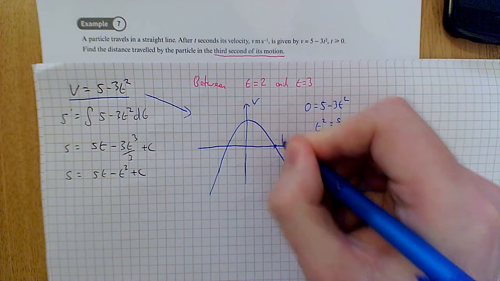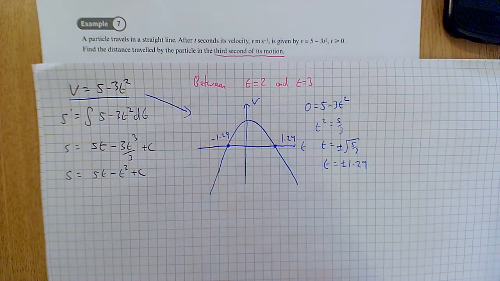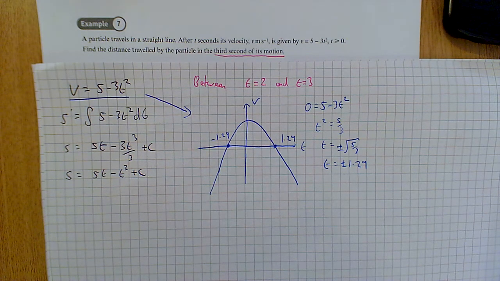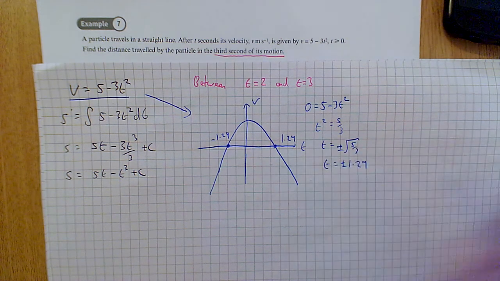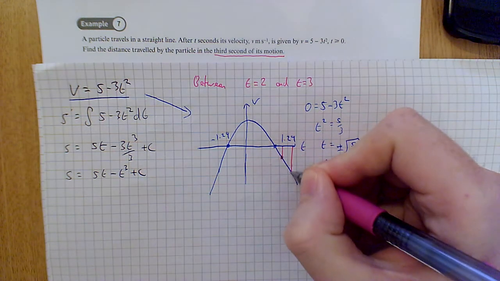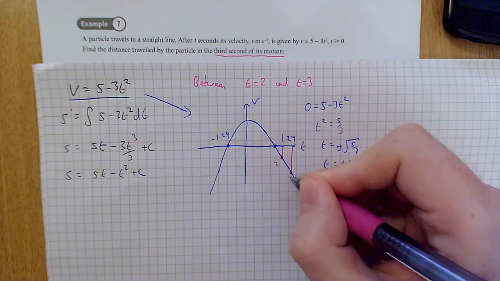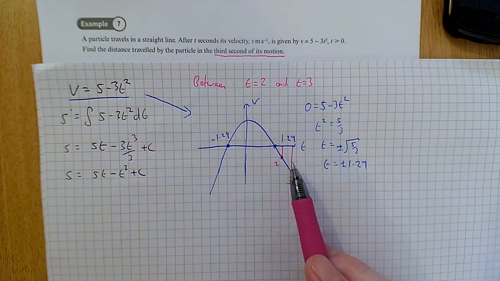So pop 1.29 in there and minus 1.29 in here. And then we can see that what we're looking for, remember this is the velocity I've sketched, is the value between 2 and 3. T is 2 and t is 3. So we can see that both of them are going to have negative velocity between it.